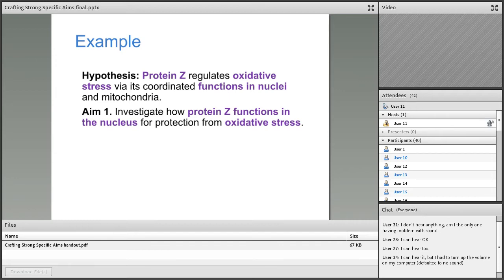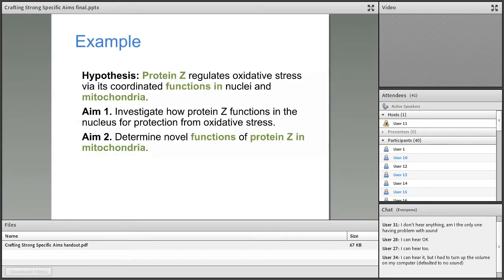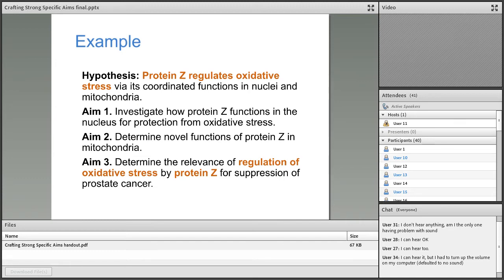And you can see from the purple words how this aim relates to the hypothesis. Aim 2 talks about protein Z's functions in the mitochondria. Aim 3 talks about protein Z's regulation of oxidative stress. However, this aim also brings in a new angle, suppression of prostate cancer. So this angle is outside the scope suggested by the hypothesis.